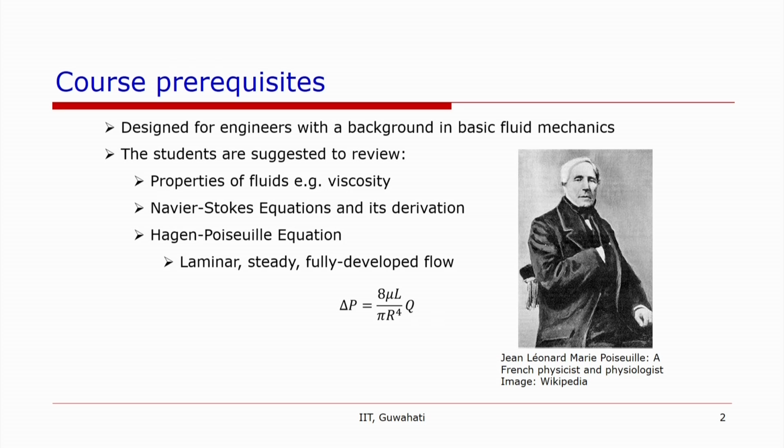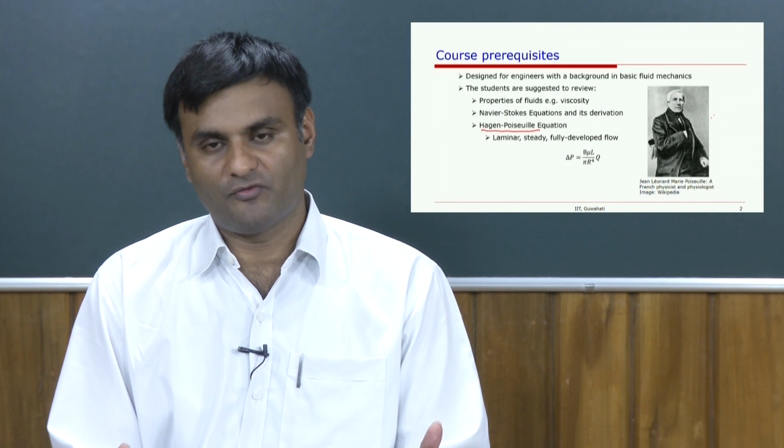One of the popular equations in fluid mechanics is the Hagen-Poiseuille equation, which was given independently by Hagen and Poiseuille. Interestingly, Mr. Poiseuille was a French physicist and physiologist, and he was interested in understanding blood flow in vessels.